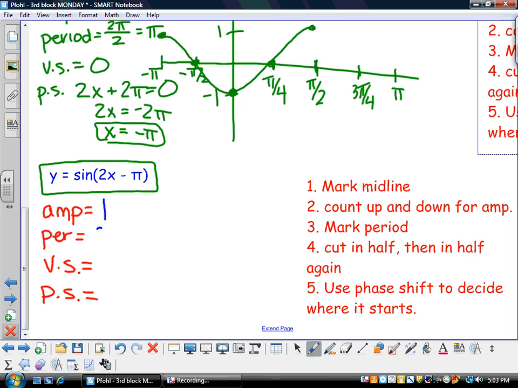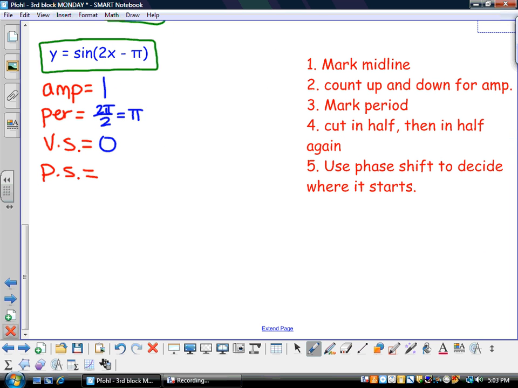The period is 2 pi over 2, or just pi. There is no vertical shift on this graph. For the phase shift, set the part in parentheses equal to 0 and solve for x. This graph has a phase shift of positive pi over 2, so it's going to move right pi over 2.